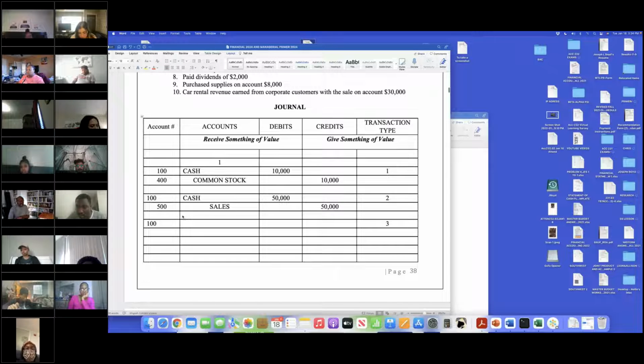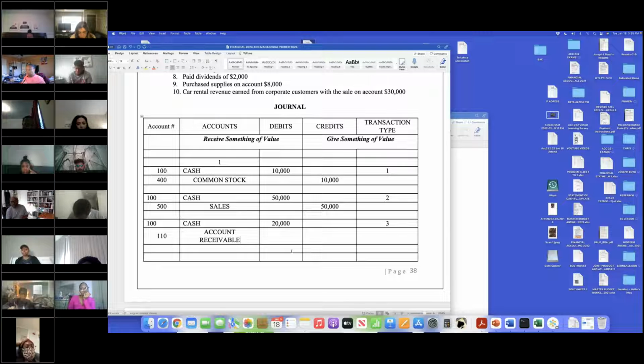And we're going to credit that 110 account receivable, $110. That's all a journal entry is.